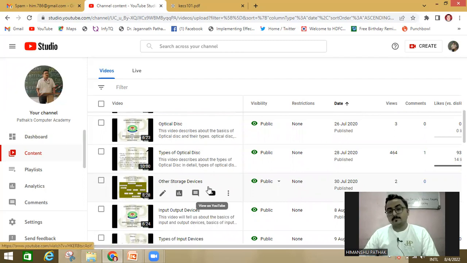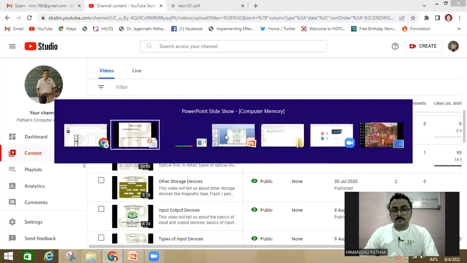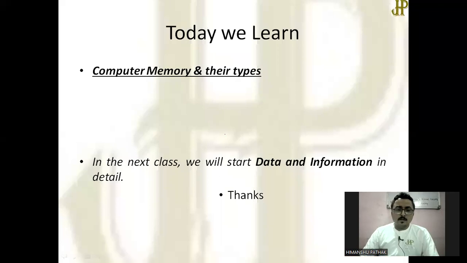So from here, you can see the whole computer memory in detail. That's why in this particular video, I have covered all the computer memory and their types in a very short way.